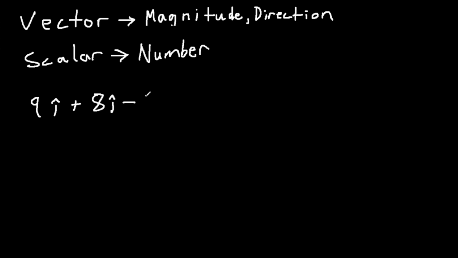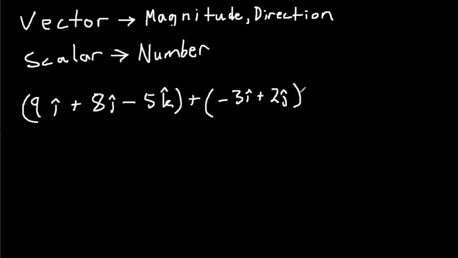Minus, I don't know, 5k hat plus negative 3i hat plus 2j hat. And let me give you a quick hint here. If the other vector that you have to add doesn't have a k value, it's just automatically set to 0k. So that's a quick hint on how to solve this. Go ahead and solve this.